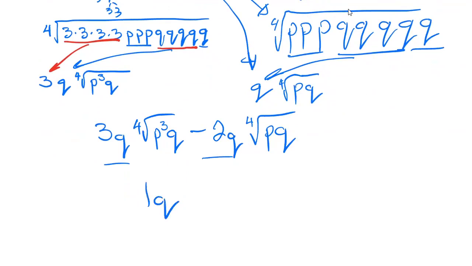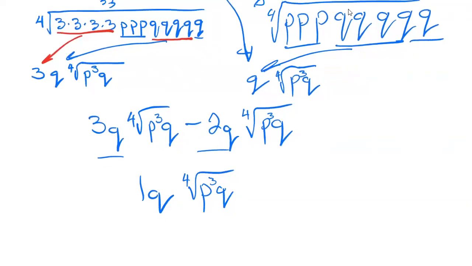You don't have to write the 1 if you don't want to. Probably better if you don't. And then I'm left with, I keep writing cube root, fourth root of P cubed. Forgot the cubed up there. Simplified, and again, this one technically shouldn't be there. Final answer.